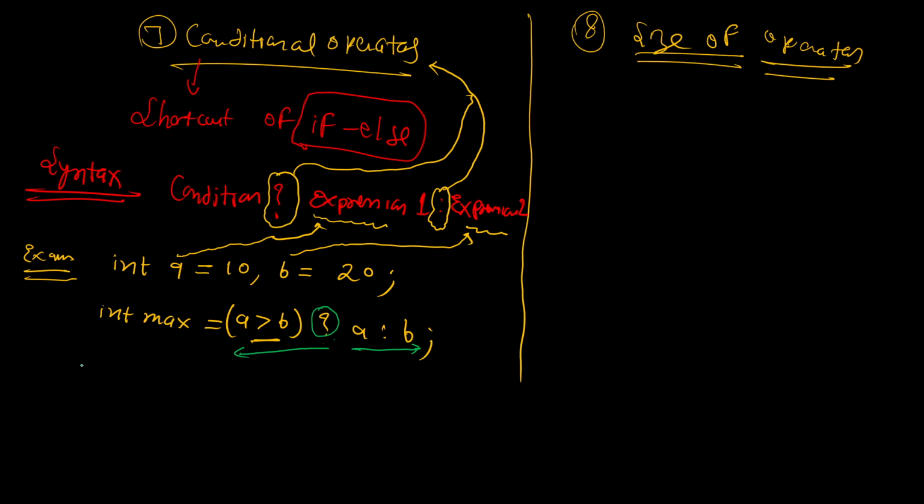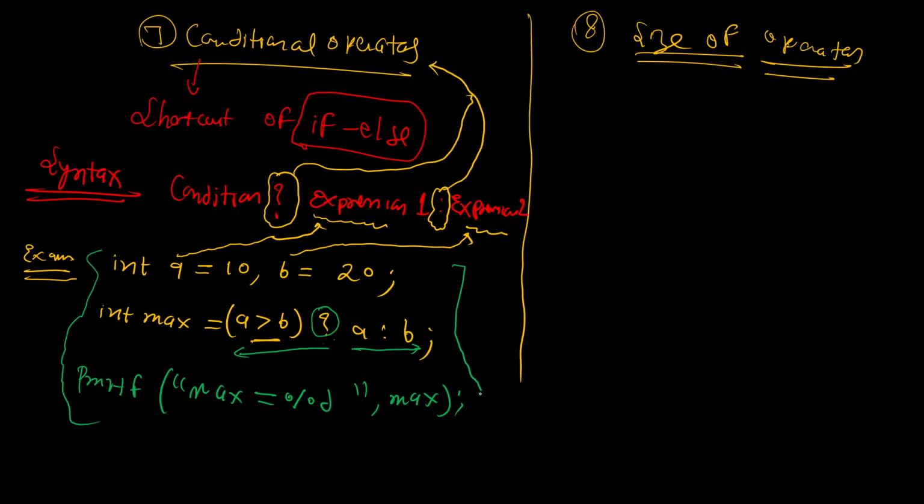We can use printf to get the maximum value on the console. So here, Maximum: %d, and max. This is the example, and it will give you the proper understanding of how these conditional operators are used.